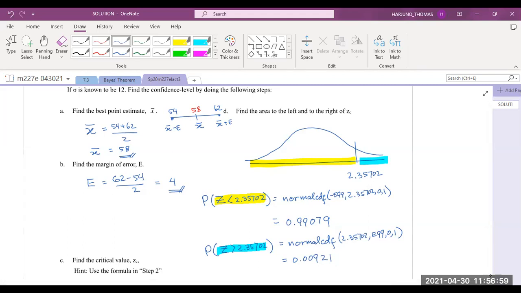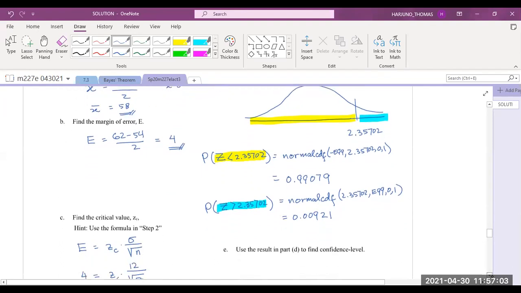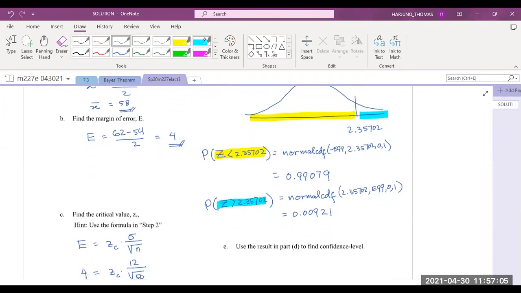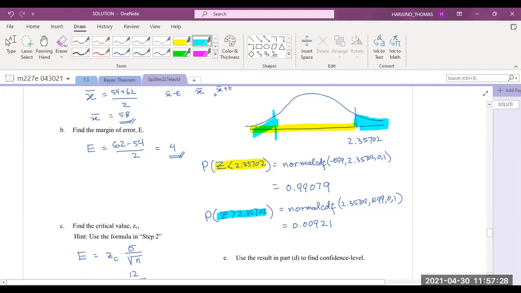Now, how do we use this to find the confidence level? Well, you see that this region here is the same as the region here, if this were negative 2.35 something. So to find the confidence level, what you can do is subtract the blue one from the yellow one, because the confidence level that we want is the area here.